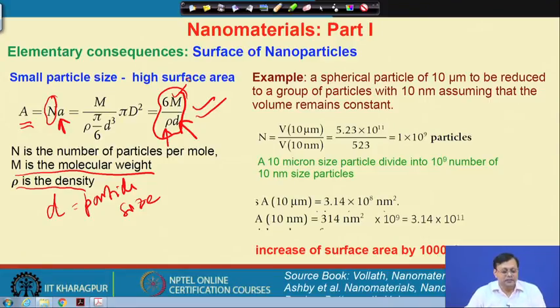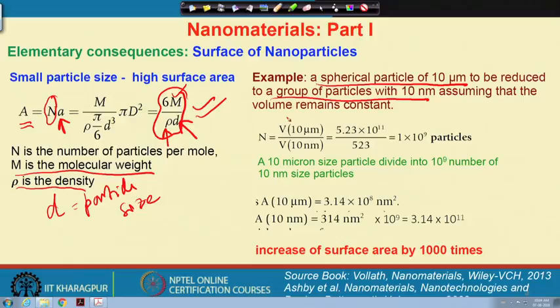We can estimate this by giving an example. Let us say a spherical particle with a 10 micrometer diameter has to be reduced to a group of particles of 10 nanometer, assuming that the volume of the particle remains constant. In that case, we have to create new surface, because a 10 micrometer size particle has to be divided into multiple pieces.